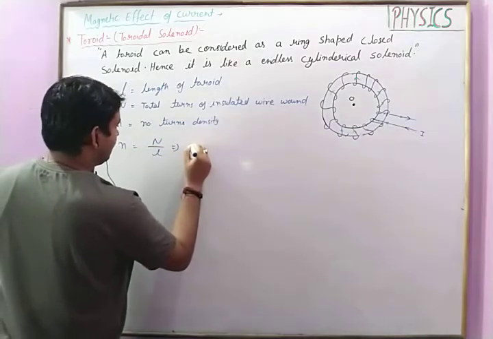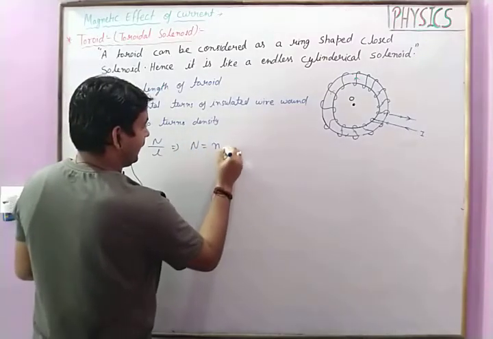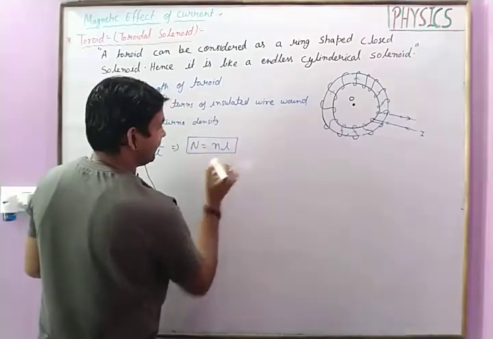Therefore the total turns in the wire is n into L. This is an important relation.